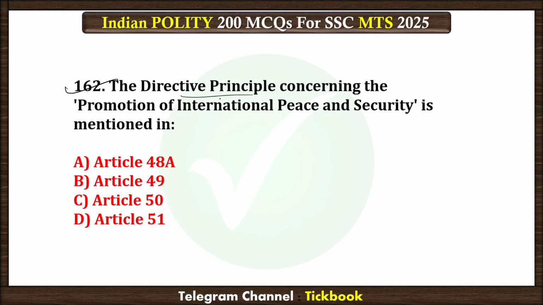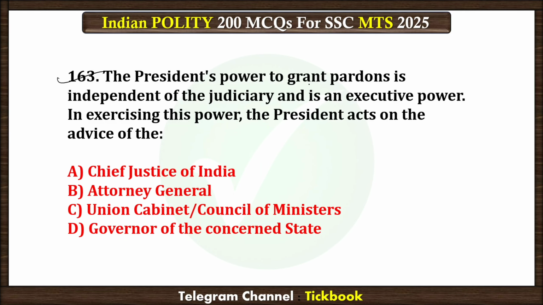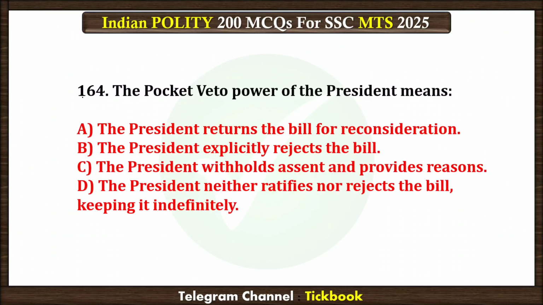162. The directive principle concerning the promotion of international peace and security is mentioned in number D, Article 51. 163. The President's power to grant pardons is independent of the judiciary and is an executive power. In exercising this power, the President acts on the advice of the number C, Union Cabinet or Council of Ministers. 164.